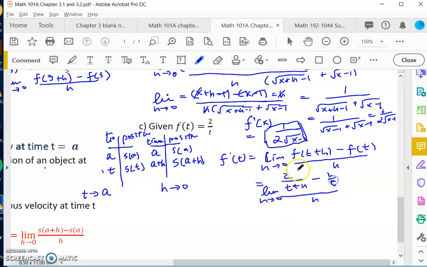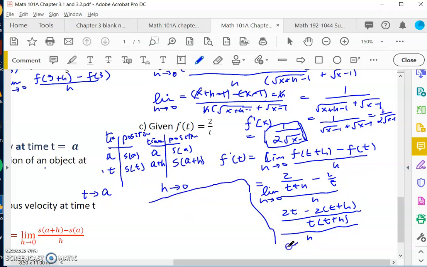Remember this is a complex fraction, so we'll do the common denominator. So 2t minus 2 times t plus h, with the common denominator t times t plus h, over h. If you simplify the top, we will have 2t minus 2t minus 2h over t times t plus h, and all over h.